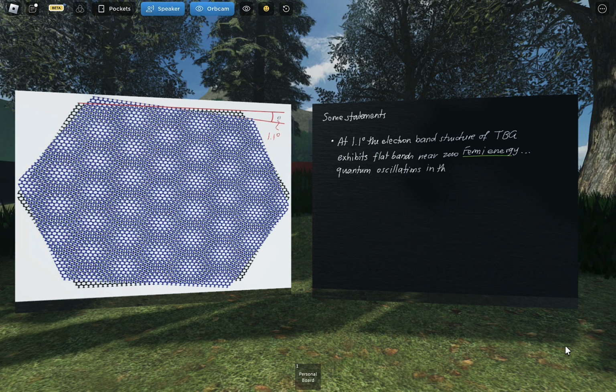Quantum oscillations in the longitudinal resistance. That's the left to right motion that I retreated from hastily on the previous board.